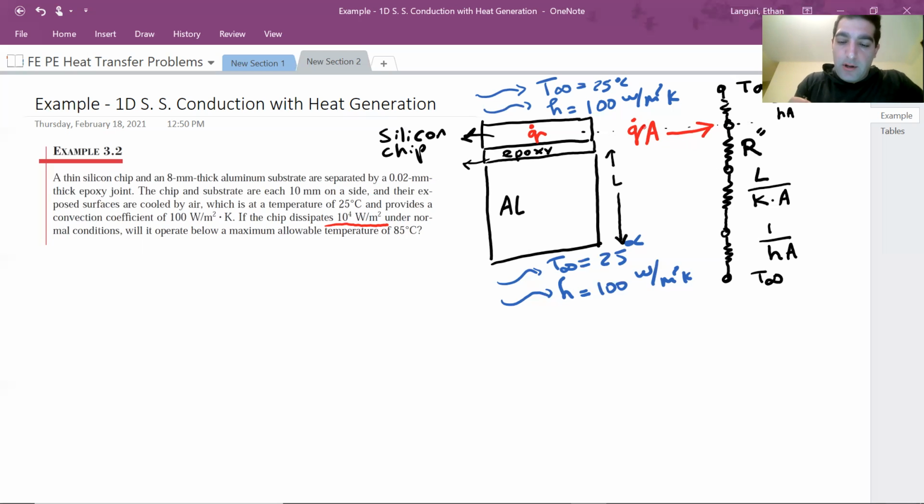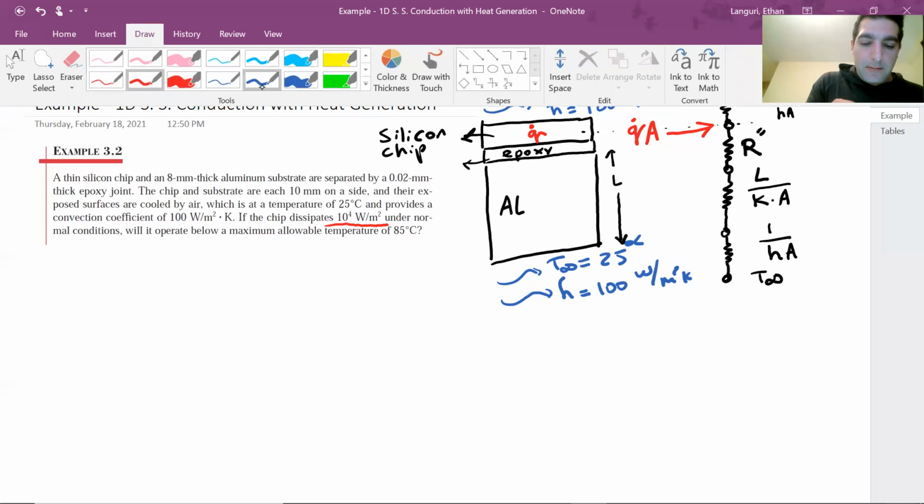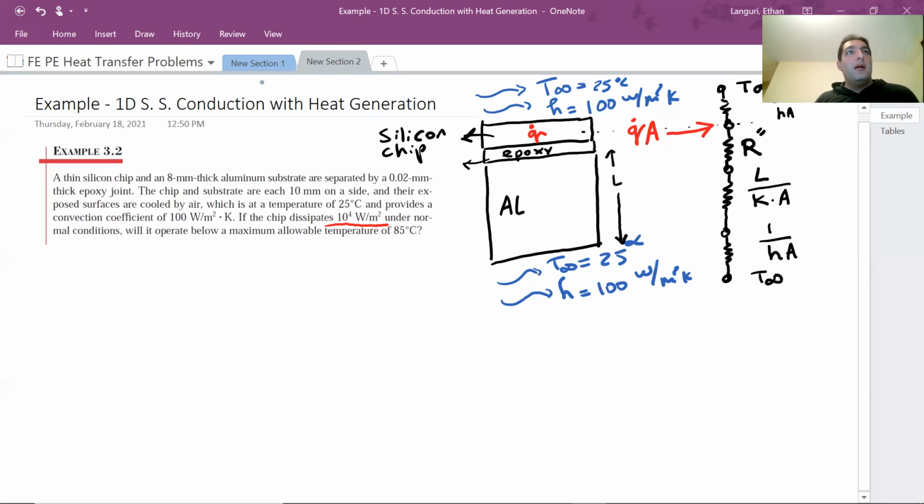A is nothing but the width of the substrate times, let's say, unit length into the screen. So really, in this case, they're going to be constant and the same. So this is what we have so far. Let's go ahead and start solving this. To solve this, we know that, so this is air.